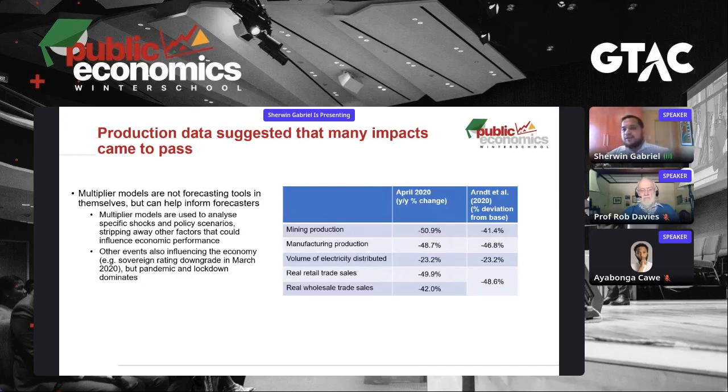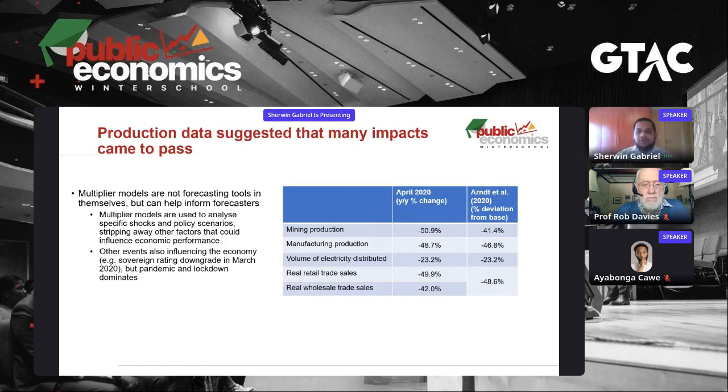If you take a look at the table on the right, you can see the production estimates from Stats for the month in question, April 2020. These are taken from the latest data available for them. And on the right, you can see what had been indicated from our research.